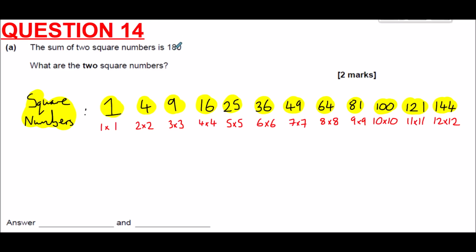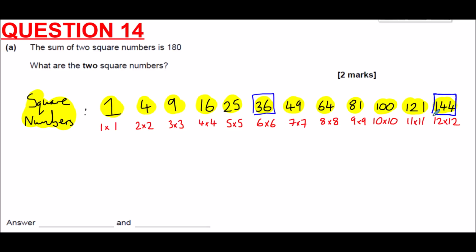We need to look on the big side, because 180 is quite a big total. And what you should be able to spot is, eventually, that 36 and 144 work.